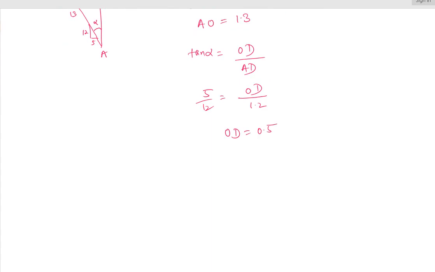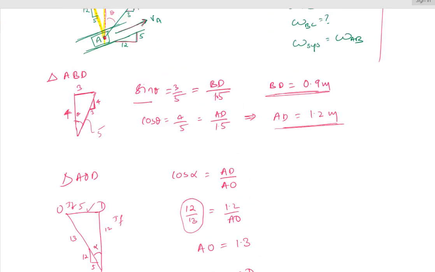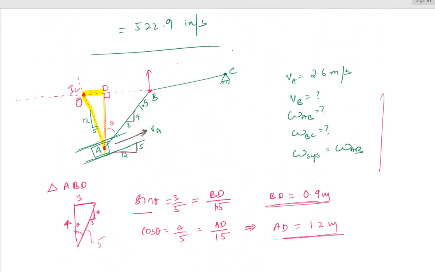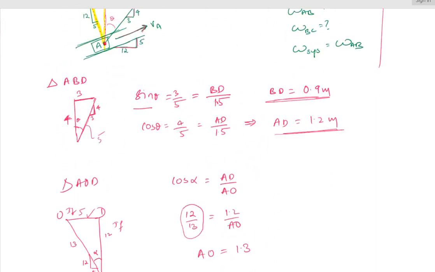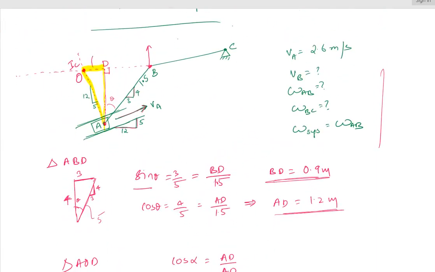Okay, so now we know all of these dimensions. We know OD, we know BD. OD was 0.5, so this is 0.5.